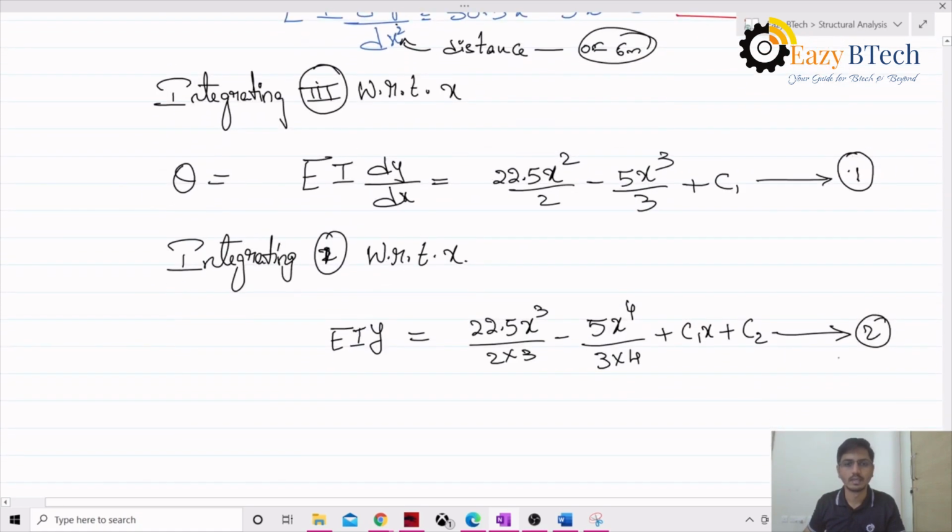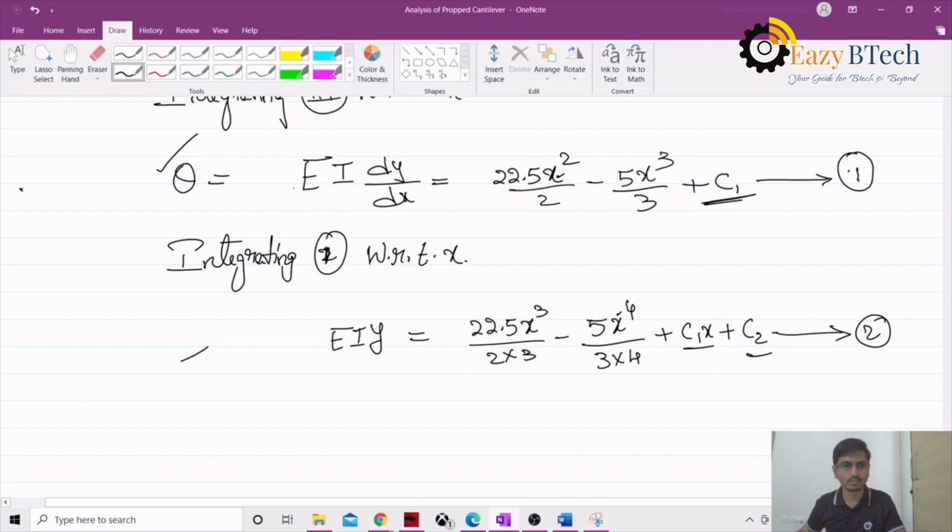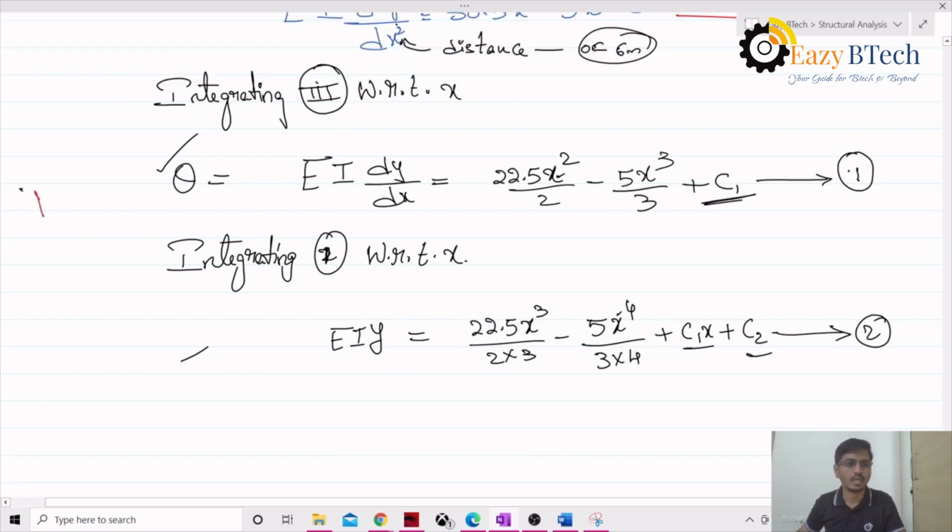So we have developed these two equations. Before substituting the values to get slope and deflection, we need to find the constants C1 and C2. The whole procedure, integrating twice, is known as the double integration method.